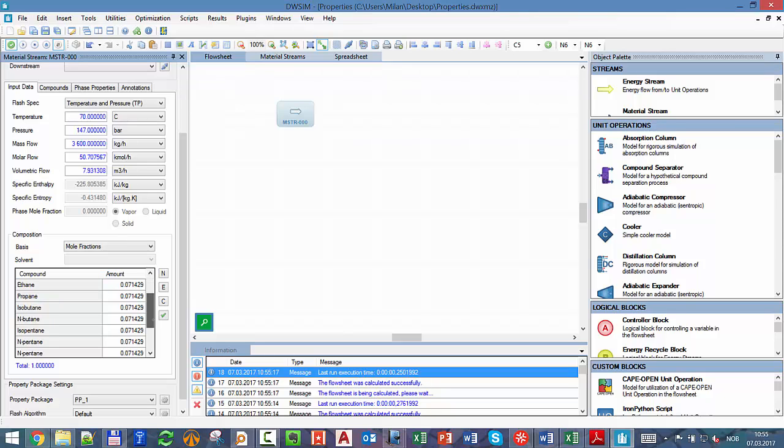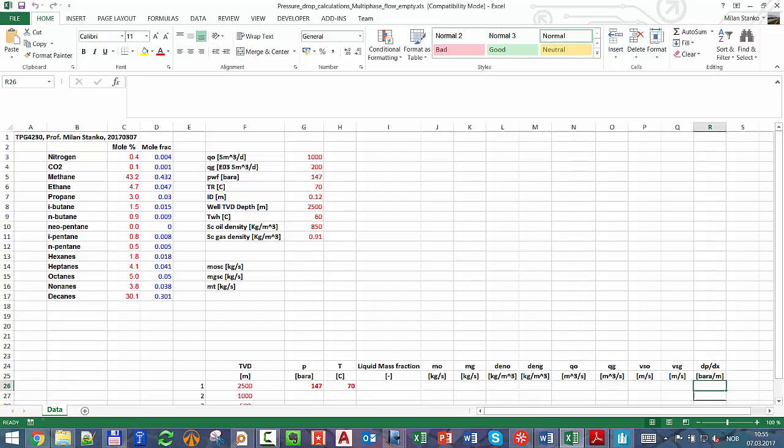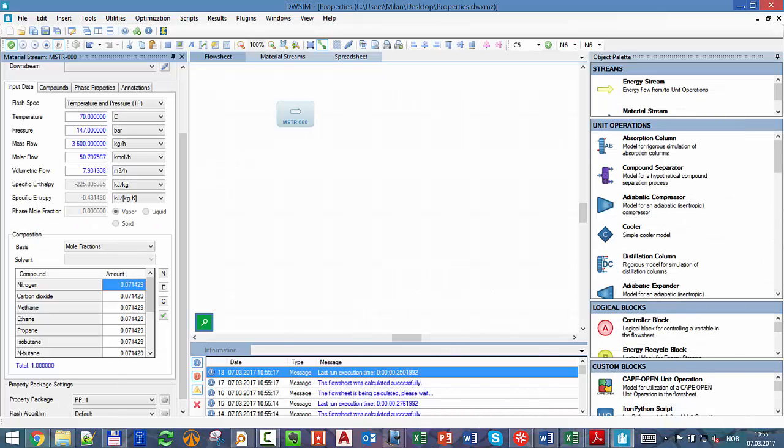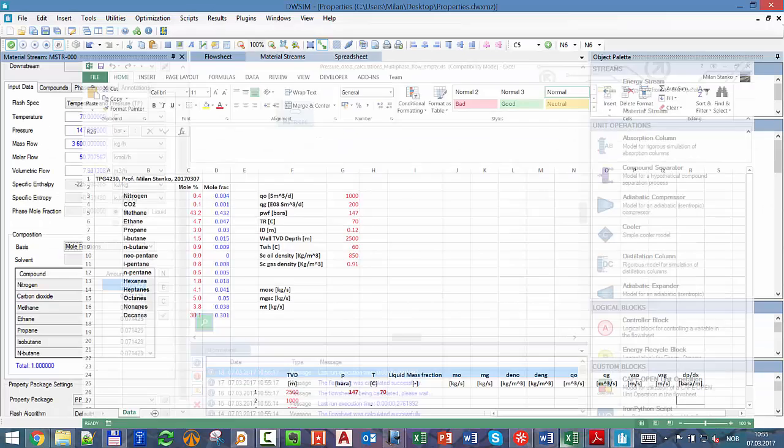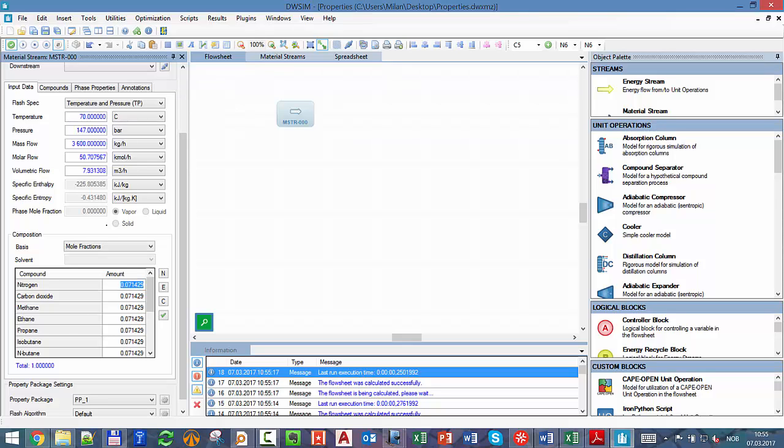It assigns all compositions equal by default, but that's not what I have. So here I will need your help. It's in fraction. This will take me some time. 0.04.